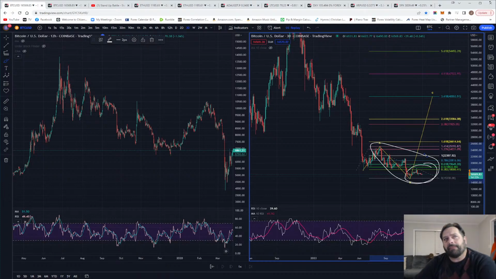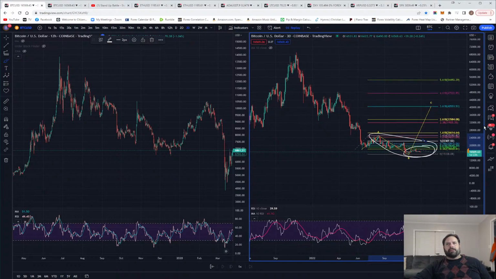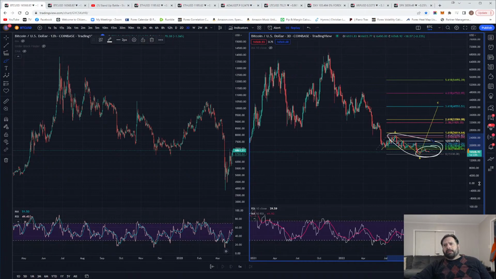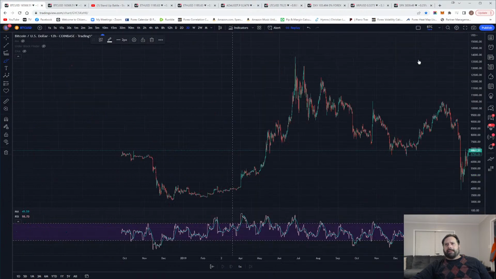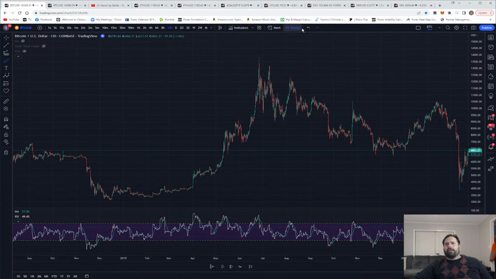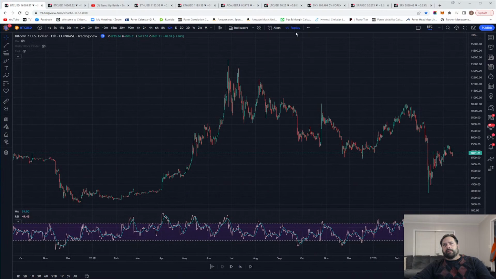I just wanted to show you that fractal idea there. Just the idea, the way the market likes to move, prior wave structure, especially when we're in corrections here. The market likes to repeat the same kind of behavior. Okay, so let me just get back here. Close my replay.